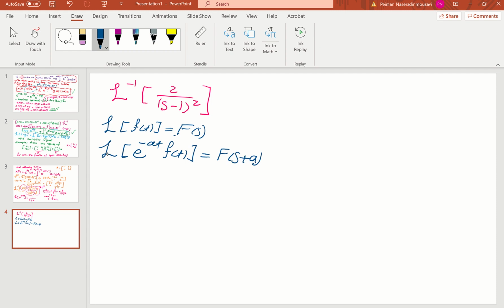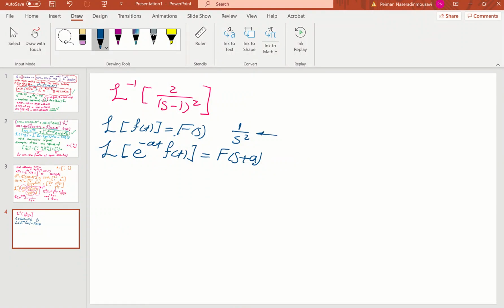On the other hand, your A here is 1, right? So now you have to judge which function gives you 1 over s squared.